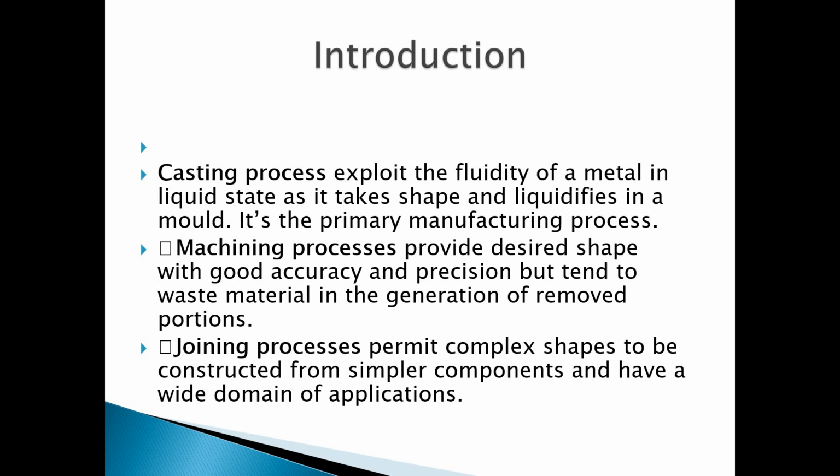Then another process is the joining process. What is the joining process? Joining permits complex shapes to be constructed from simpler components and has a wide domain of application. It is like a permanent joining. You can use nuts and bolts for joining purposes, or welding processes.